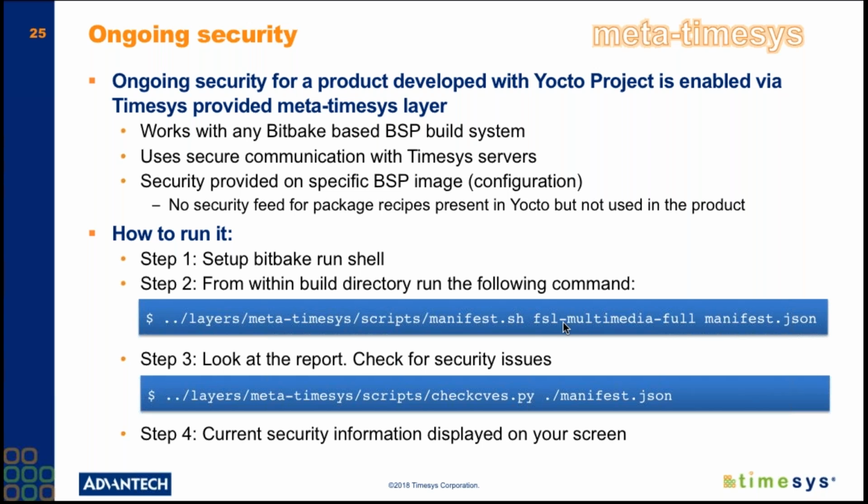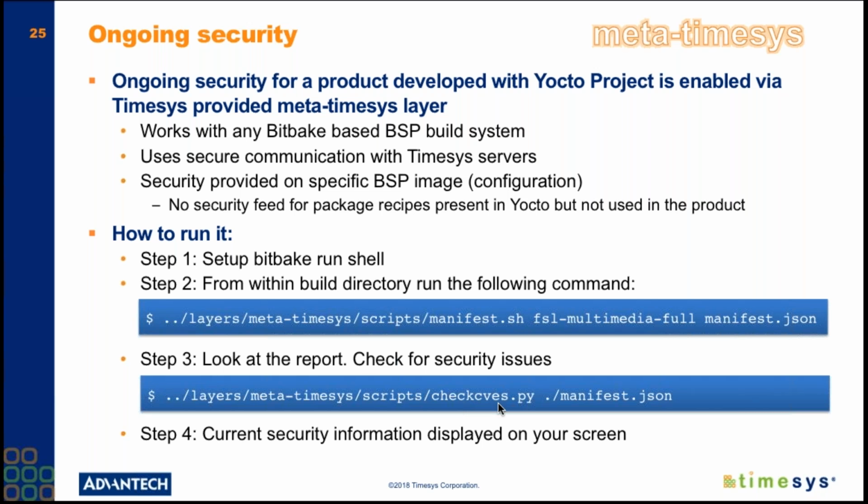That's going to generate a manifest, a list of software packages that are used by this image, here fsl-image-multimedia-full, which is a definition of the BSP. So what are the packages involved in a root file system for that BSP? And that information in the next step is used to identify security vulnerabilities.